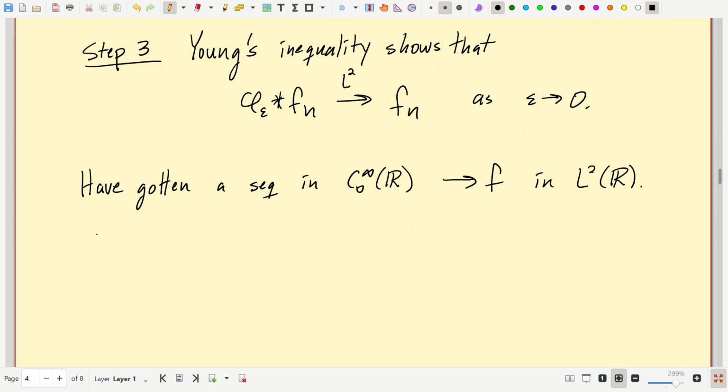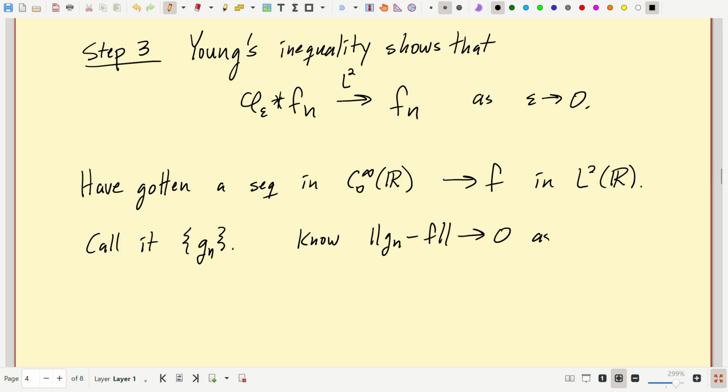Let's call it G of N. Okay, so next I'm going to claim, well, I know that Gn minus f in L2 goes to 0 as n goes to infinity.